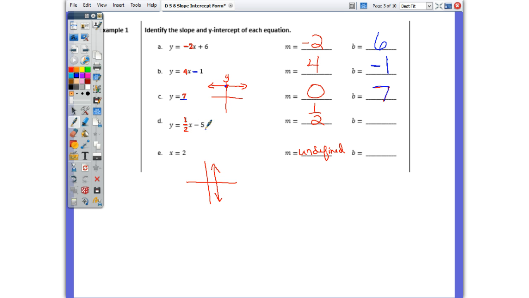Yes, again the negative 5. And what is my y-intercept here? Where does it cross the y-axis? So do we put 0 or none? None. We write none. Because if you put a 0 there, you would be telling me it goes through here, and it doesn't. It does not have one, so none.